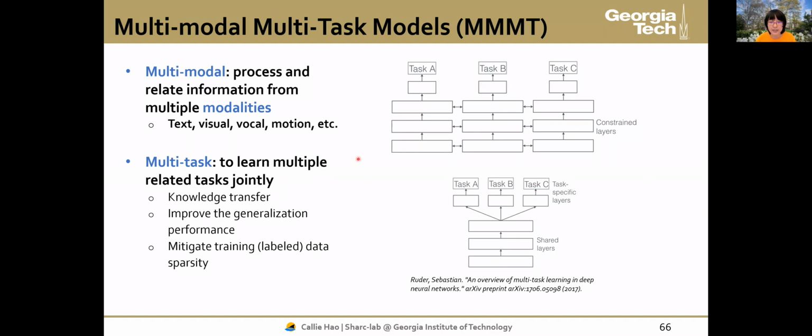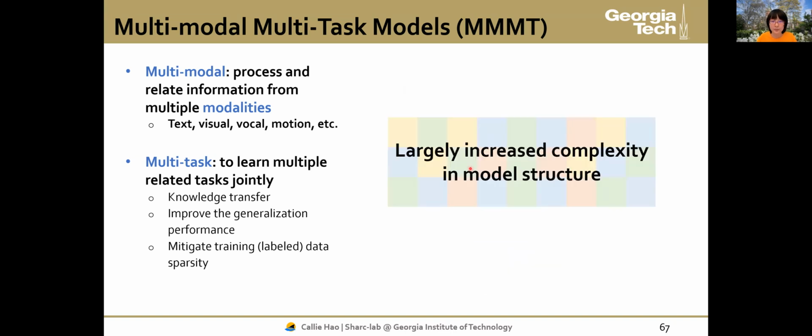These are two classic scenarios for multitask models. Apparently it's much more complicated than a single model, with more branches and many more parameters and layers. So this is the complexity for models. Because we have multi-modal and multitask, we have largely increased complexity in the future model structure.